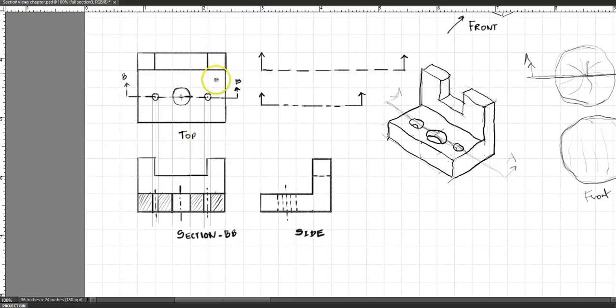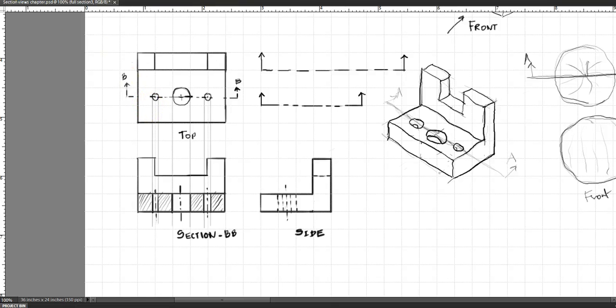So all I had to do is go right there and cut it out, and go right here and cut it out, and this would be the center line for my circles. Sometimes the center line is just a little X, sometimes you want to take it all the way, so it's up to you. But you could show your section going just like this, and it is still understood that this is where the section was taken from.